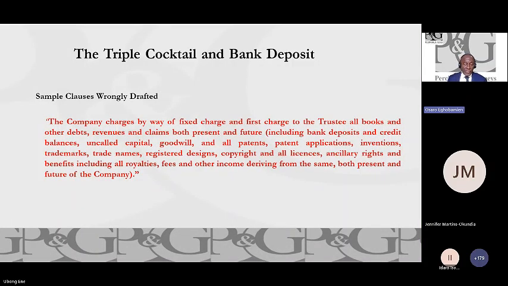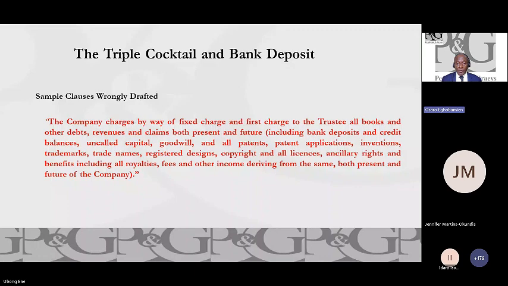So it's existing book debt as well as future book debts, including bank deposits. So it is taking a fixed charge over the book debts and bank deposits. Two different types of assets that share slightly different characteristics, but they're all now in one clause. And credit balances, uncalled capital, goodwill.